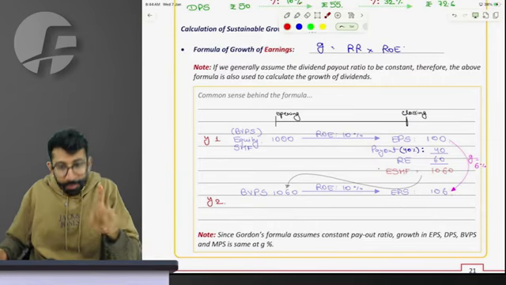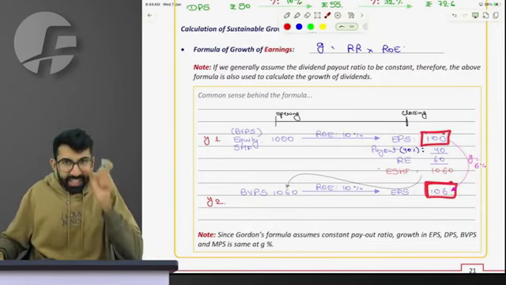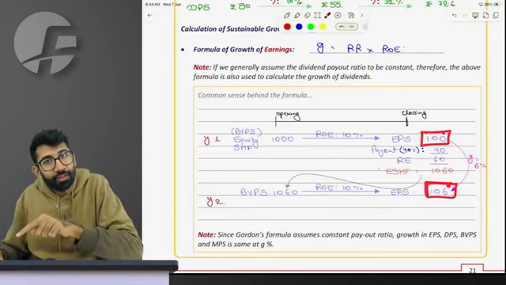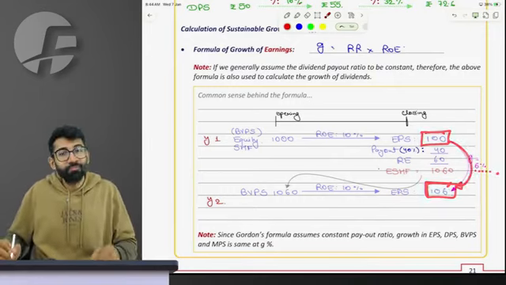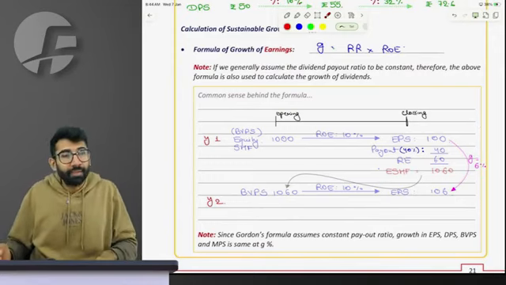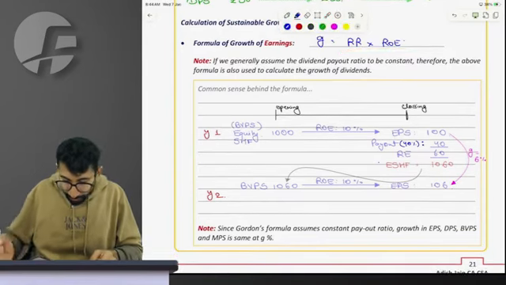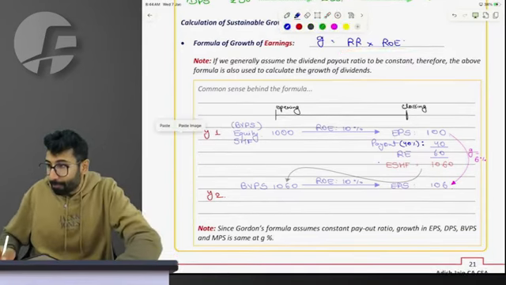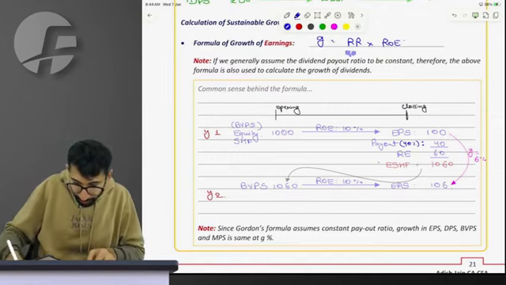Can you please observe how much is the growth in EPS from year 1 to year 2? Has my EPS grown by 6%? The answer is yes. Now let's try to apply this formula. The formula is really simple.